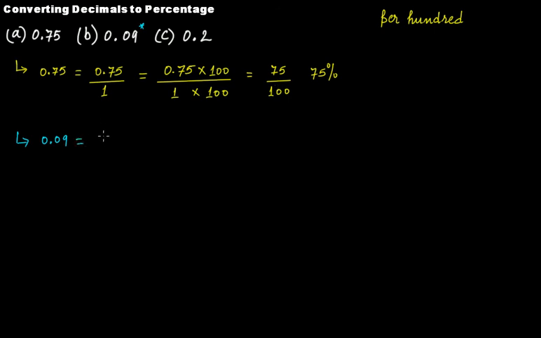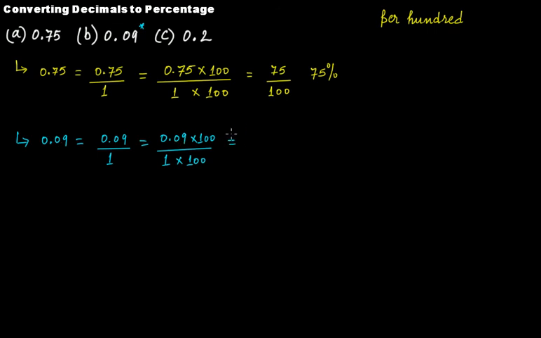So this can be written as 0.09 divided by 1, and in order to make the denominator as 100, you have to multiply both the numerator and the denominator by 100, right? Because this doesn't make any difference to this original value.